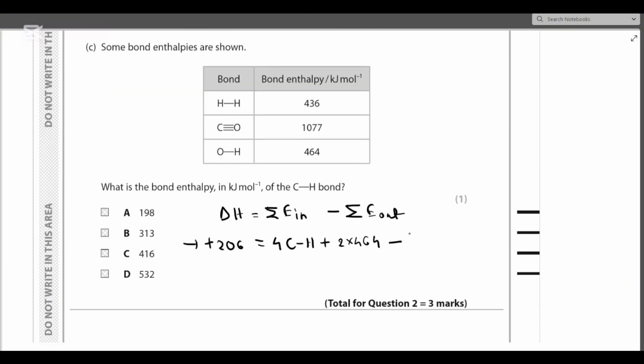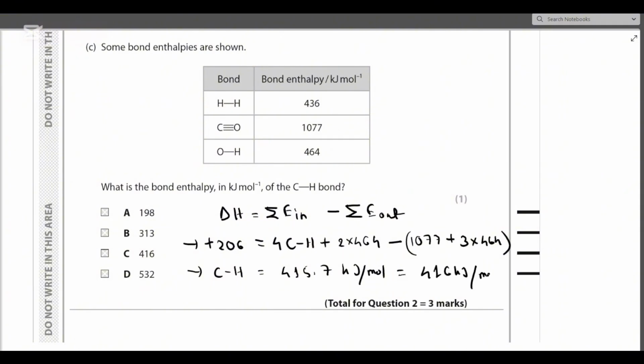So we multiply this like this and add it up with 3 times 464. When you solve this and make C-H the subject, you get about 415.7 kilojoule per mole, which is approximately 416 kilojoule per mole. So our answer would be C right here.